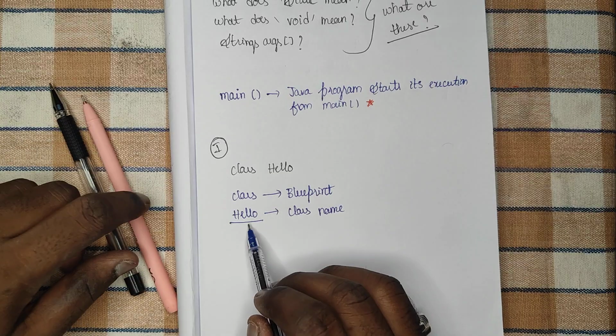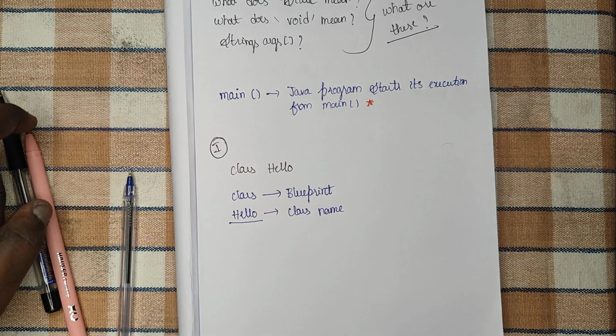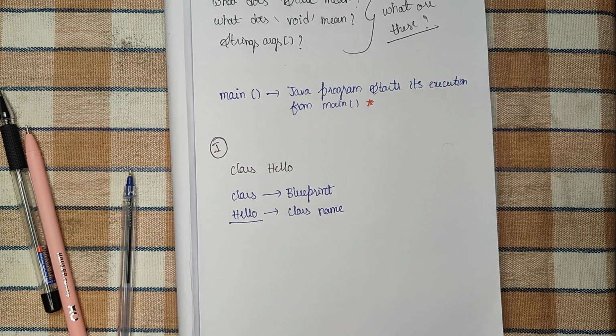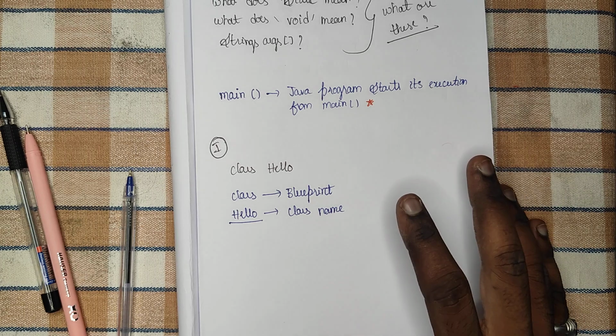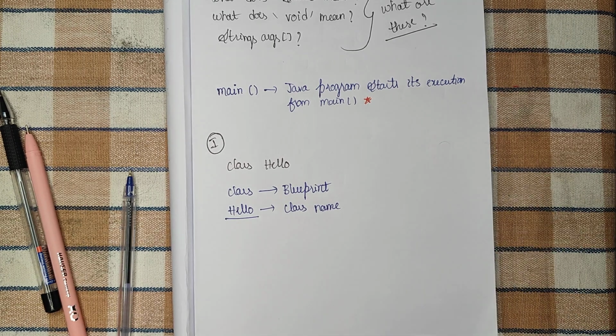Hello is the name of the class. A class is like the blueprint of a house. Before construction of a house, we first create its design. Similarly, before creating objects, we create a class.